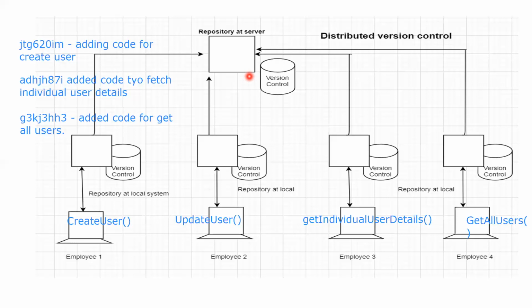Later they come up with more ideas and add some more features. Then they will say version 2 we are going to release. We already have version 1 with a tag added, and then we have version 2. When we release version 2, we will notify the users that we have version 2, if you want you can use it, but in version 2 we have some extra features, so for that you need to pay some amount.